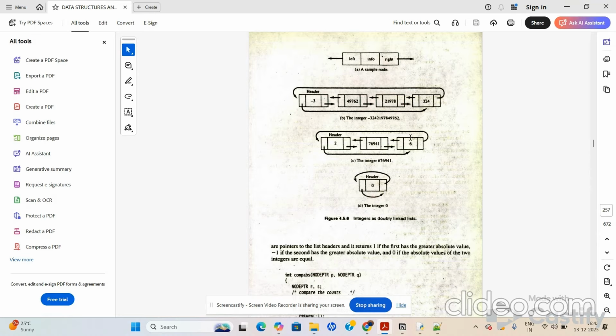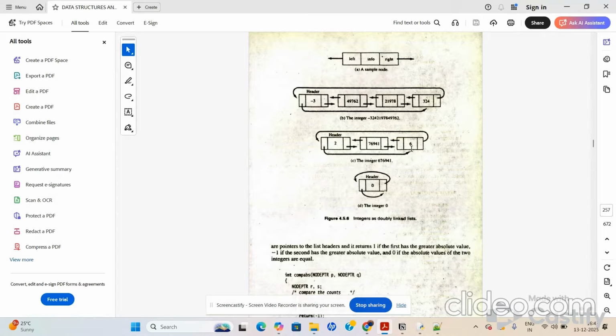Okay, so what we do is we compare the value pointed by pointers R and S. So if R is greater than S, then we return 1. Else, if R has lesser value than S, we are going to return -1.